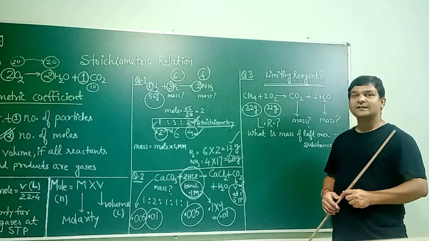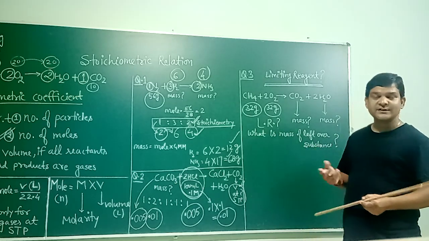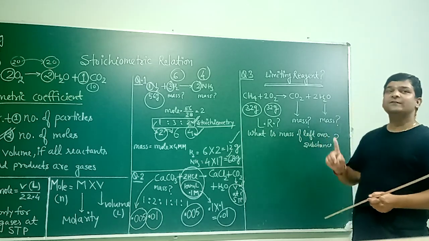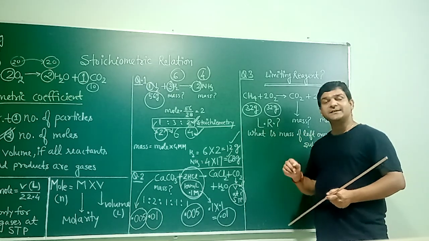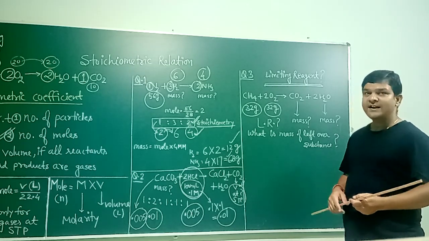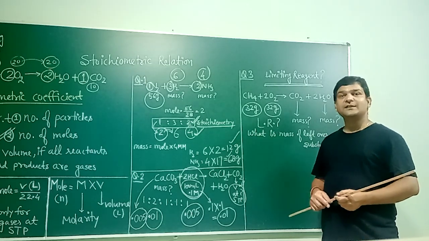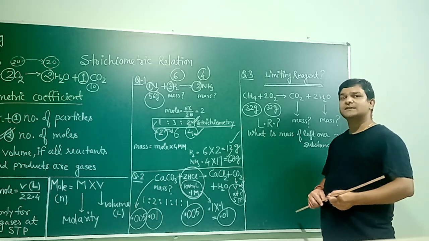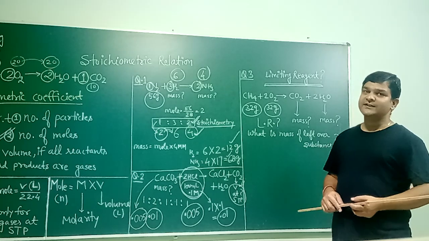This time you will be given amount of quantity of two reactants. Out of two reactants, only one reactant can react completely in the reaction, can be consumed in the reaction completely, and therefore that particular reactant will decide amount of product formed. That particular substance is known as limiting reagent.